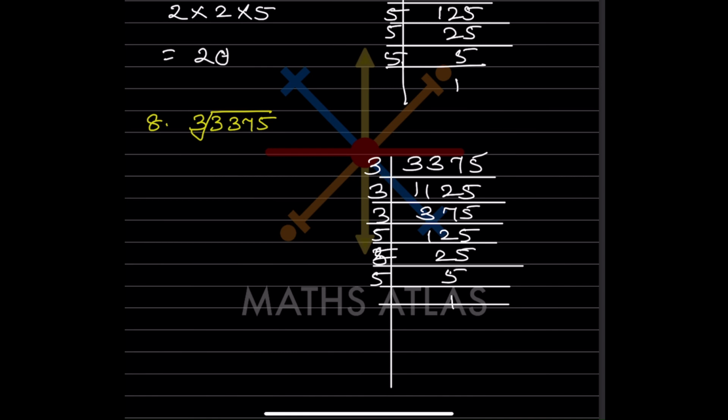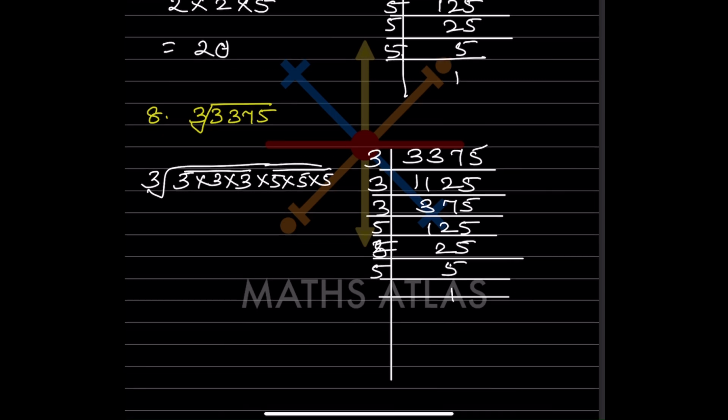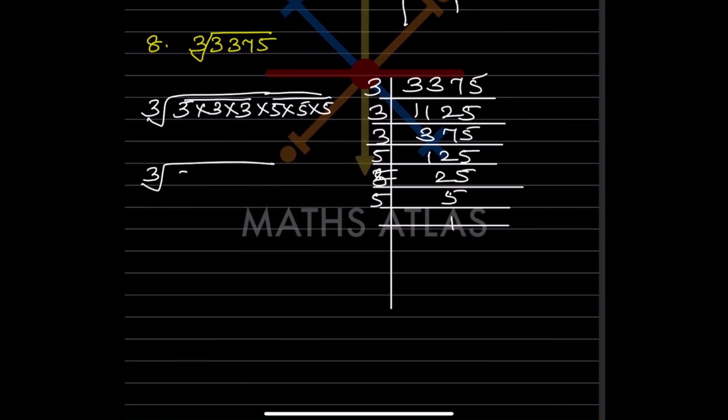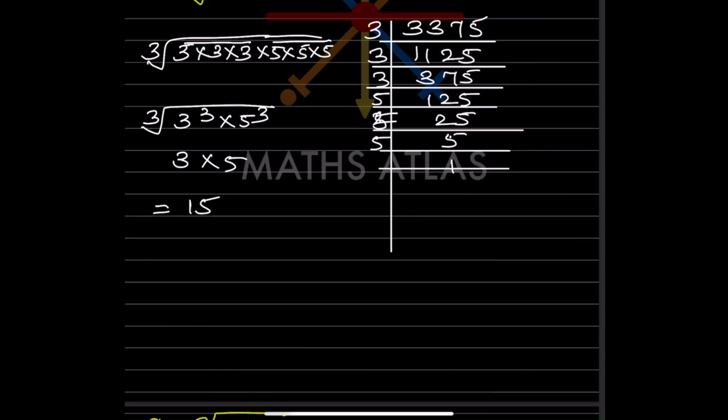So we have, so let us form group of 3. So it will be 3 into 5, which is 15.